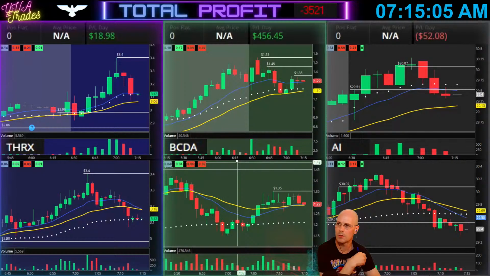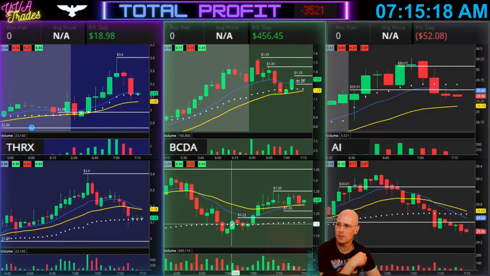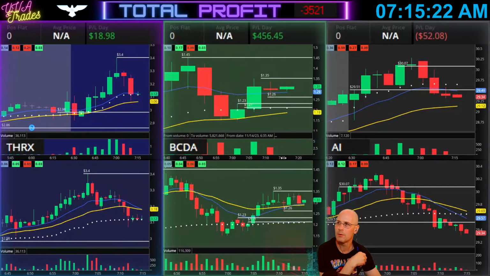Just watching this, we have our support down here. I'm really hoping that this turns into a 1 minute downtrend and we come back and backtest maybe this level or this level down by the volume weighted average price, because that would be a 5 minute higher low.